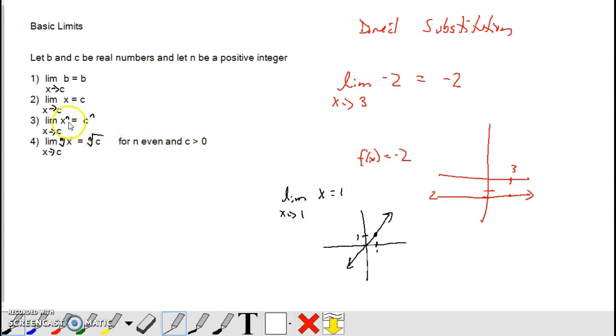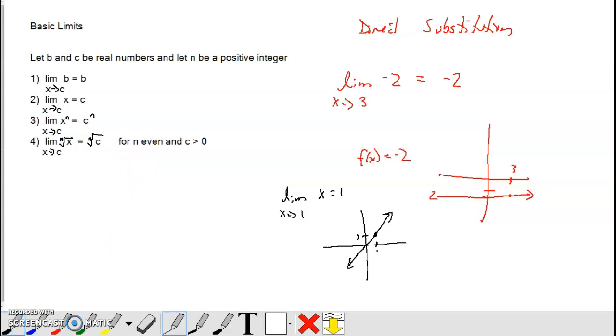As soon as I put exponents on it, then I can add exponents to my number. If I take the radical of those numbers, as long as n is even and my c is greater than 0, we're not going to see imaginary numbers on this one.